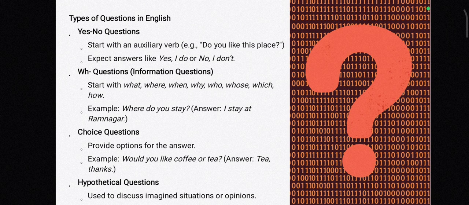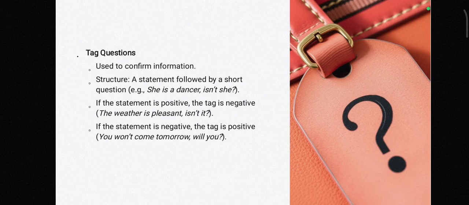Then you have choice questions. You have to take a stand. You have to mention what is preferable for you. Would you like to have tea or coffee? You need to take a stand. Either you need to order tea or coffee. Then you have hypothetical questions. These questions are used to talk about imagined situations.